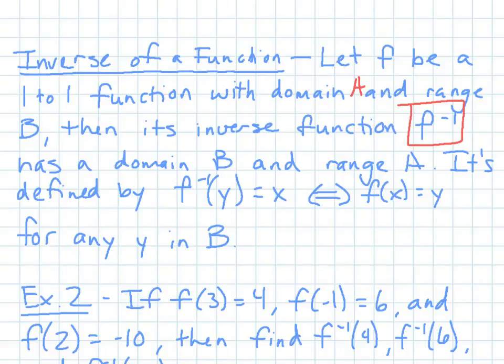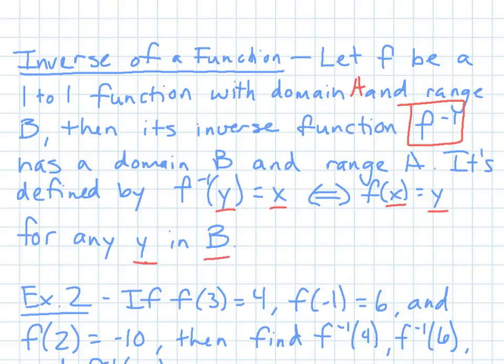So it's defined by f inverse of y is equal to x, which is, when you switch it back, f of x is equal to y. Okay? So notice how the y and the x switch spots from one function to the other. And this holds true for any y in the set B. Okay?